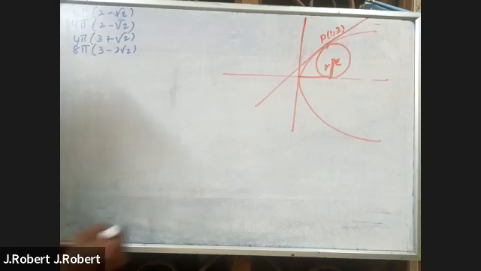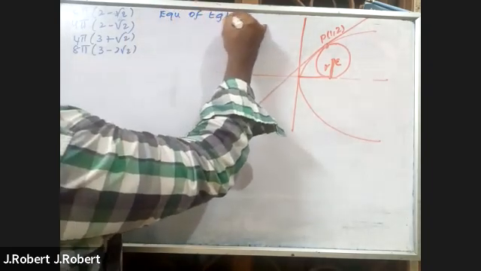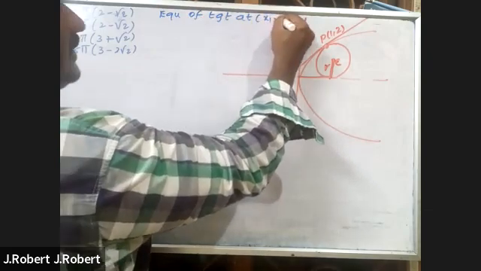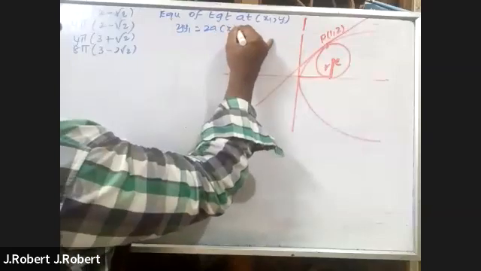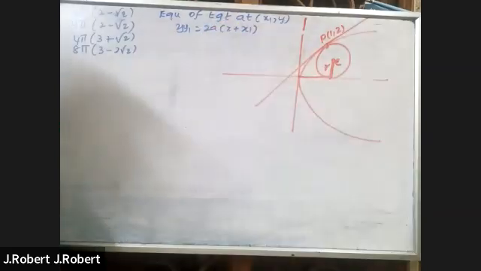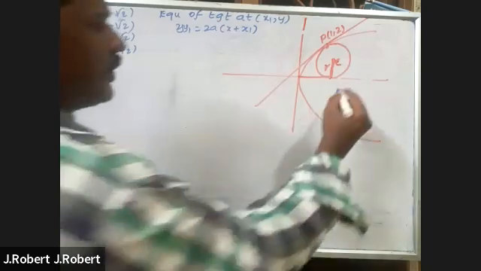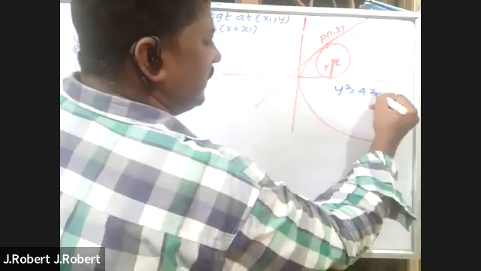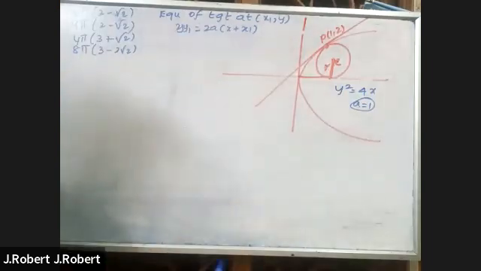First, the equation of the tangent to the parabola at (x1, y1). The formula is y y1 equals 2a into x plus x1. The parabola is y squared equals 4x, so a equals 1.